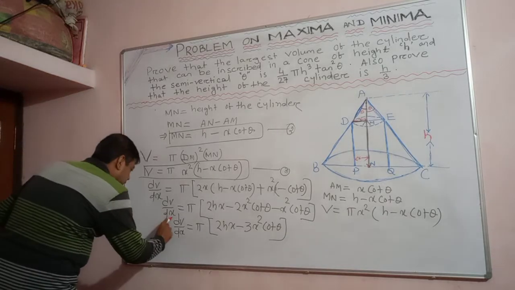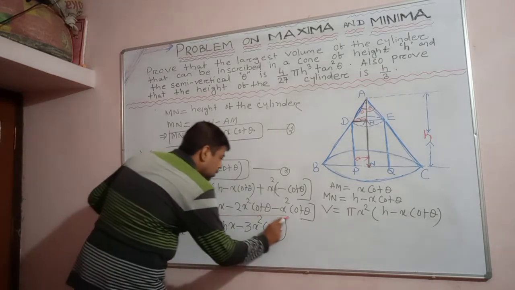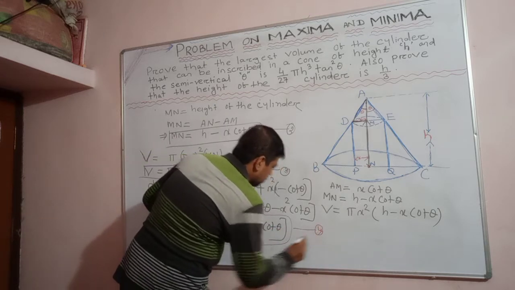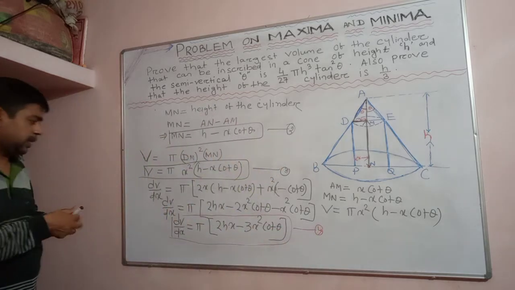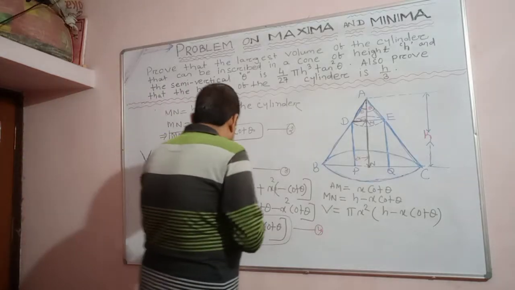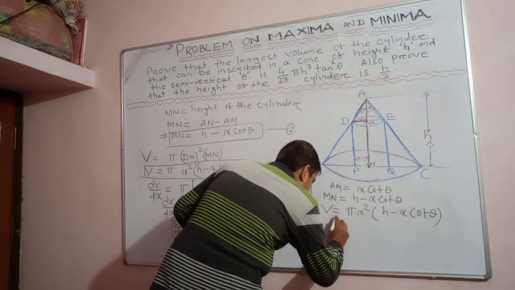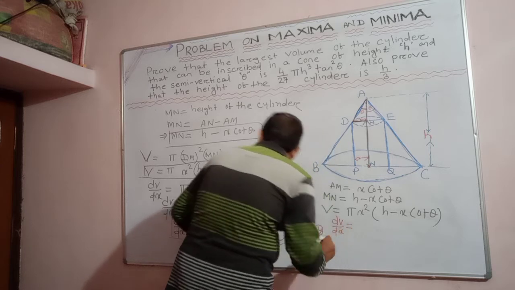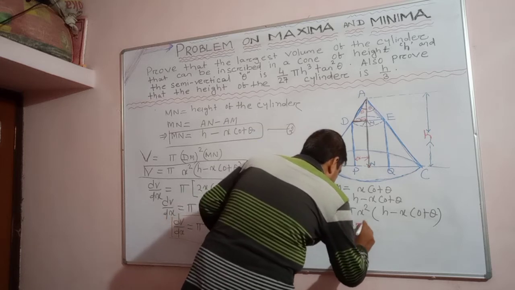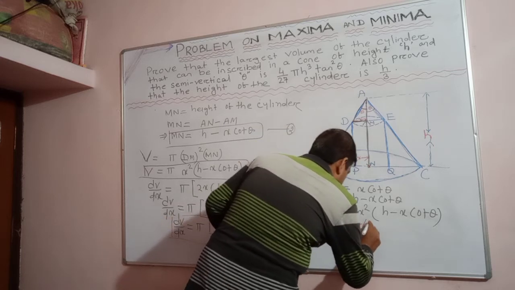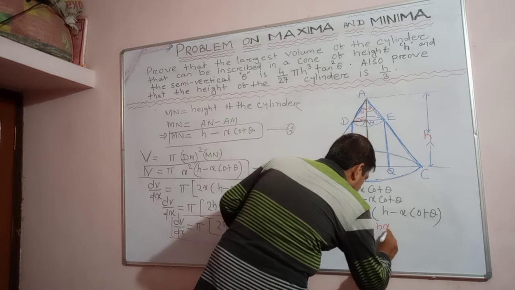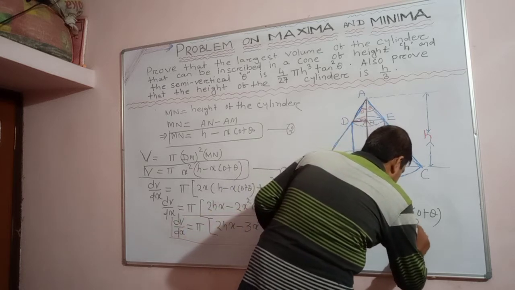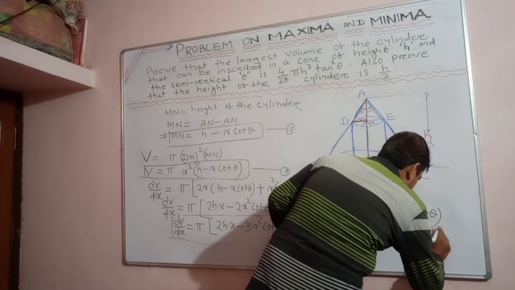This is the fourth point we got. So here you write down the fourth point: dV by dx is equal to pi whole into 2hx minus 3x square cot theta.